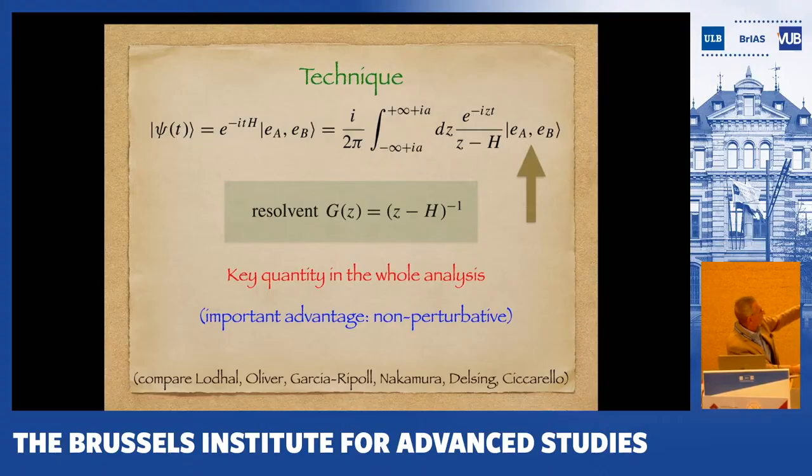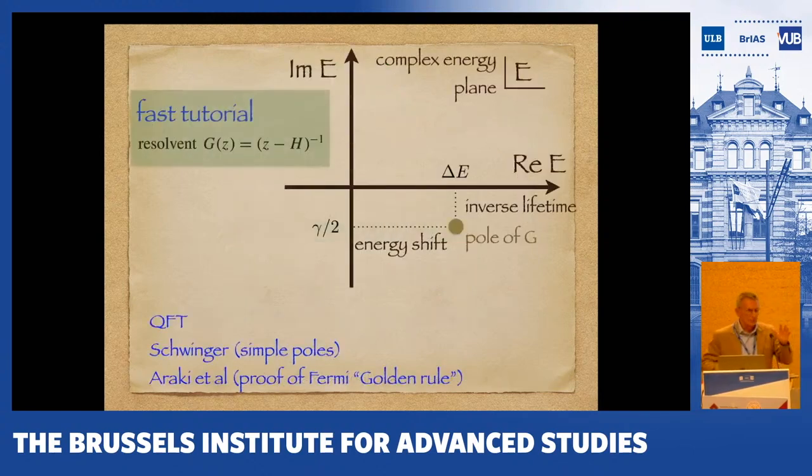The resolvent in Fourier space is just this denominator. Now, the properties of the resolvent are very interesting for a very simple reason. The resolvent can have poles, and the poles of the resolvent are complex numbers.